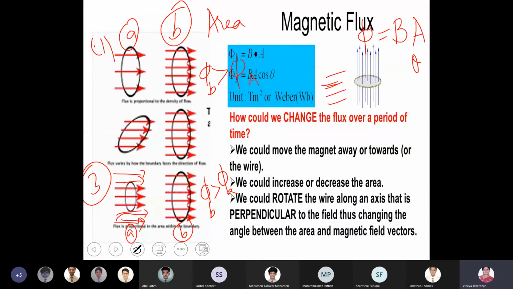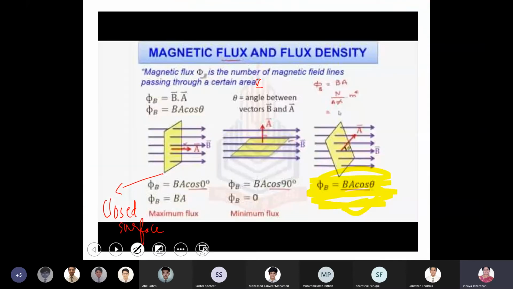The magnetic flux, the number of field lines passing through the loop, depends upon the strength of the magnetic field and upon the area of the loop. Later on, we'll see the angle.